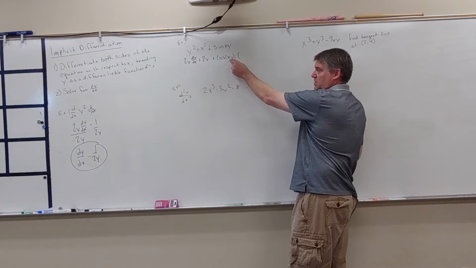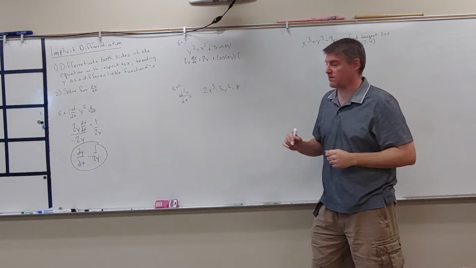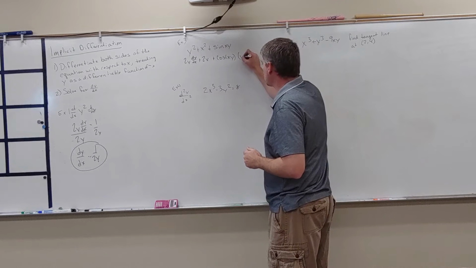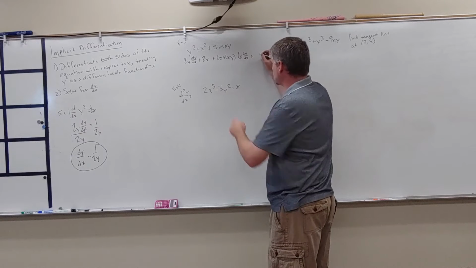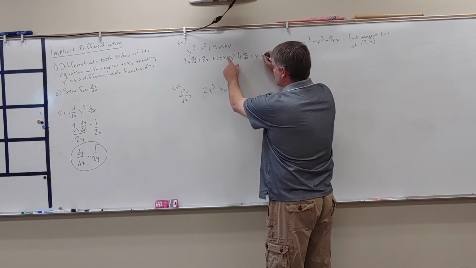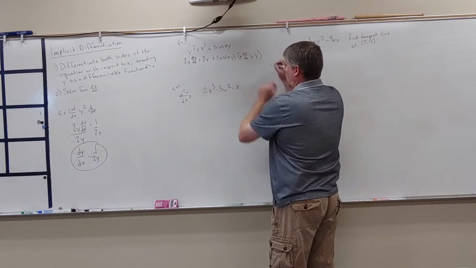This is x times y, so this is the product rule. I have the first times the derivative of the second, dy/dx, plus the second, y, times the derivative of the first, which is just 1.